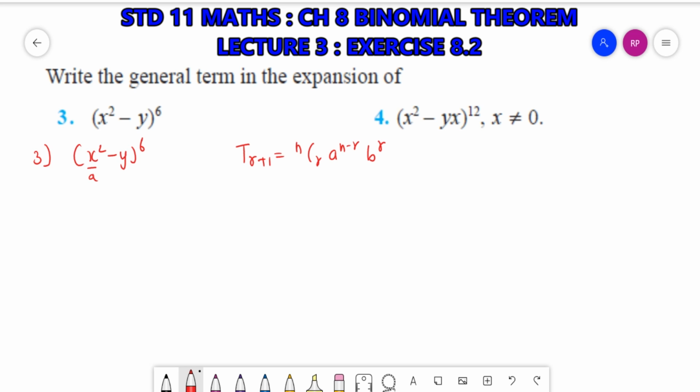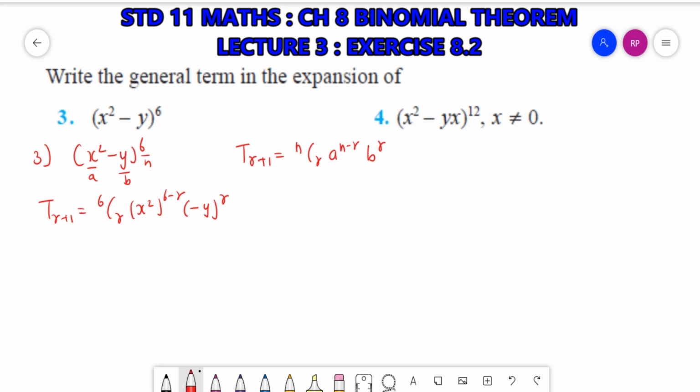So here a is x square, b is y, and n is 6. So T_{r+1} will be equal to 6 C_r, a means (x square) raised to 6 minus r, and b, that is (minus y) raised to r. Okay, so this is the general term.